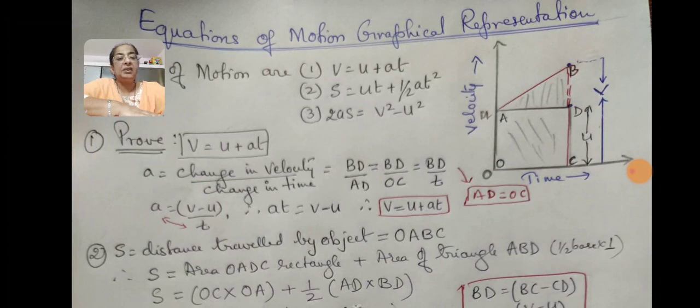Therefore, now a into t, when we multiply, we get v minus u. Now keeping v where it is, if you bring u this side, the sign changes. That becomes u plus at. So instead of writing u plus at is equal to v, we write down v is equal to u plus at.